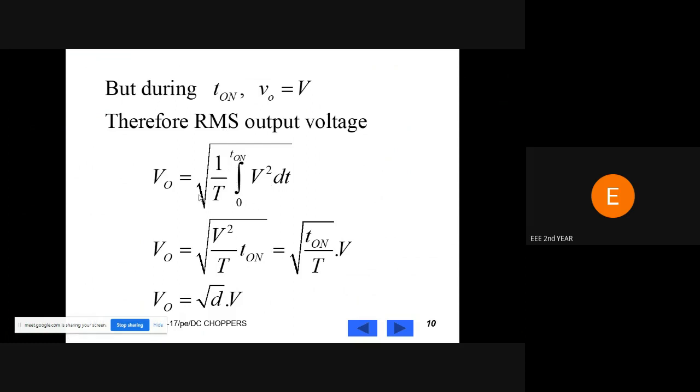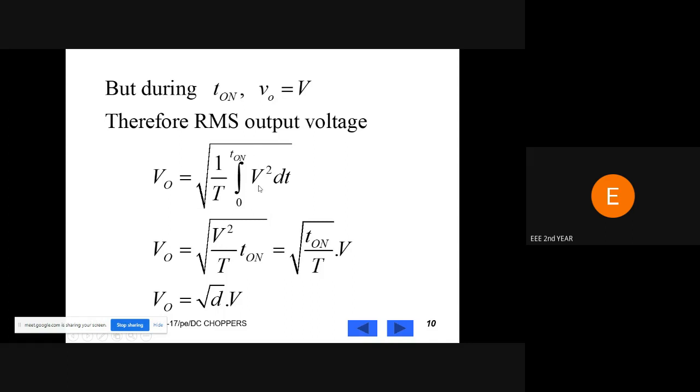So that is V square by D, right? So we just integrate that t value, it becomes t into integration. We have to substitute the limits between 0 to t on. While substituting the limits here, it becomes t on minus 0, so t on divided by t.